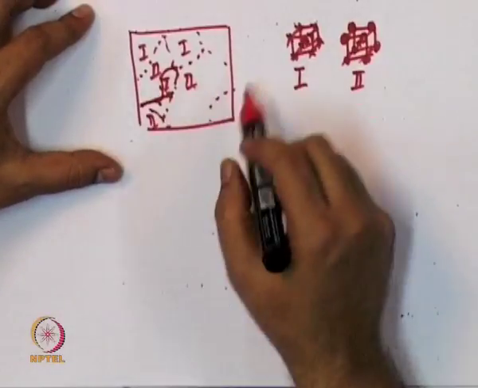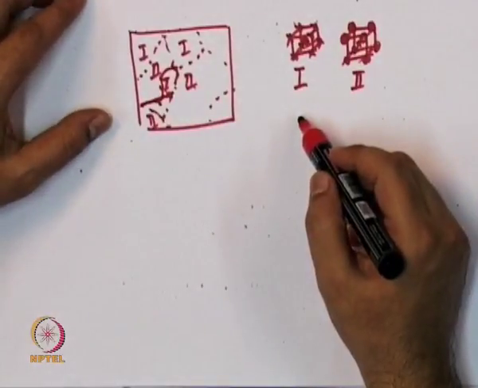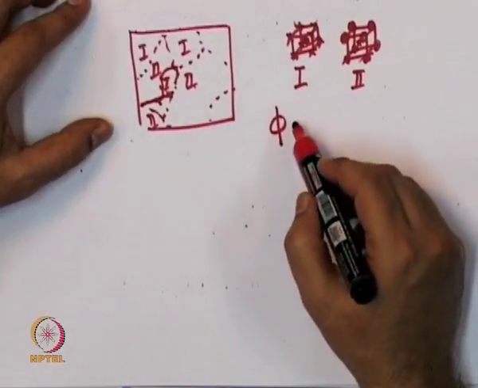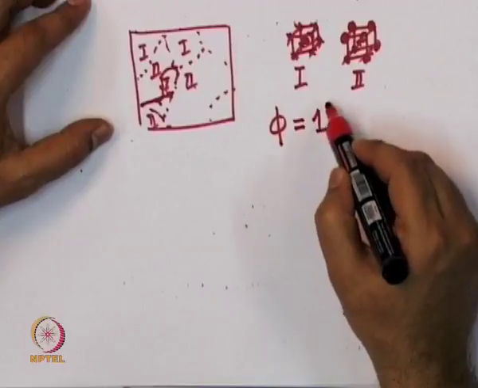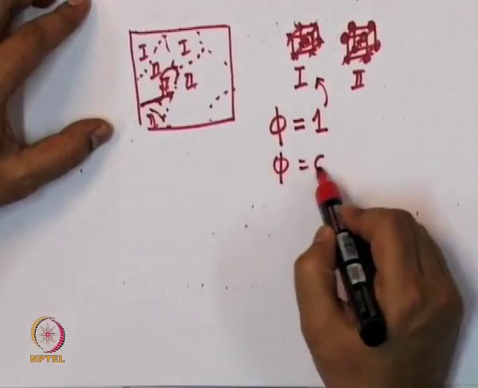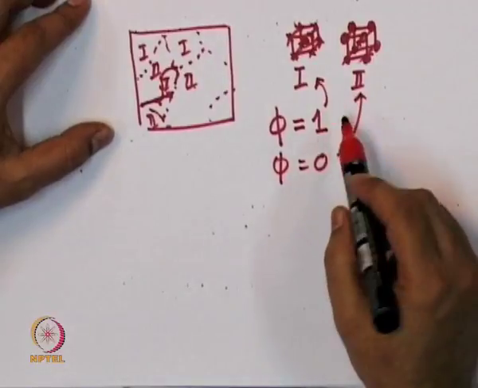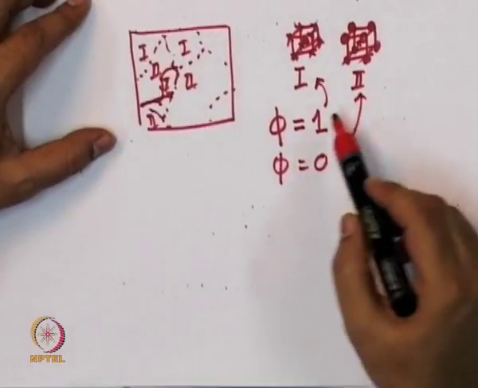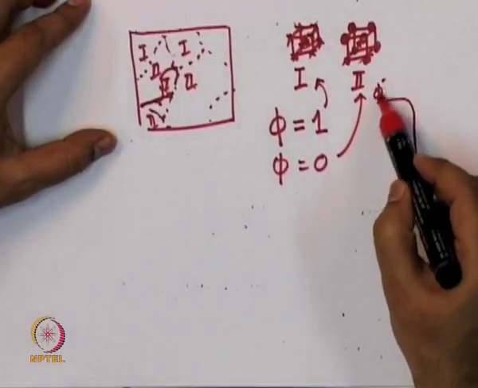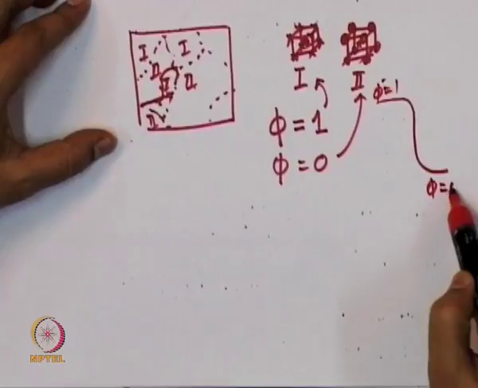So, we are describing the microstructure using an order parameter. Let me call that order parameter phi, and if it takes a value of 1 that corresponds to one of them, if it takes a value of 0 that corresponds to the other, and in the region where it goes from 1 to 2, phi goes from phi equal to 1 to phi equal to 0.